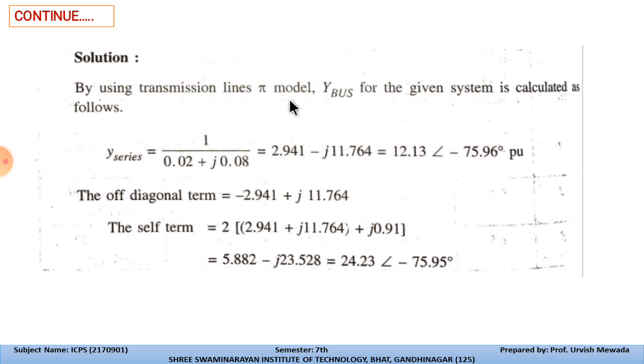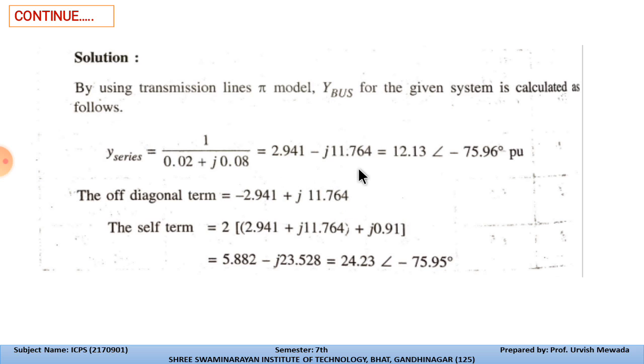By using the transmission line pi model that we already discussed in the theory, the Y bus for the given system is calculated. y is 1 upon z, that is 1/(0.02 + j0.08). From that we can have the value of y in polar form, 12.13 at an angle of -75.96 pu. The off diagonal term we can write is -2.94 + j11.746.